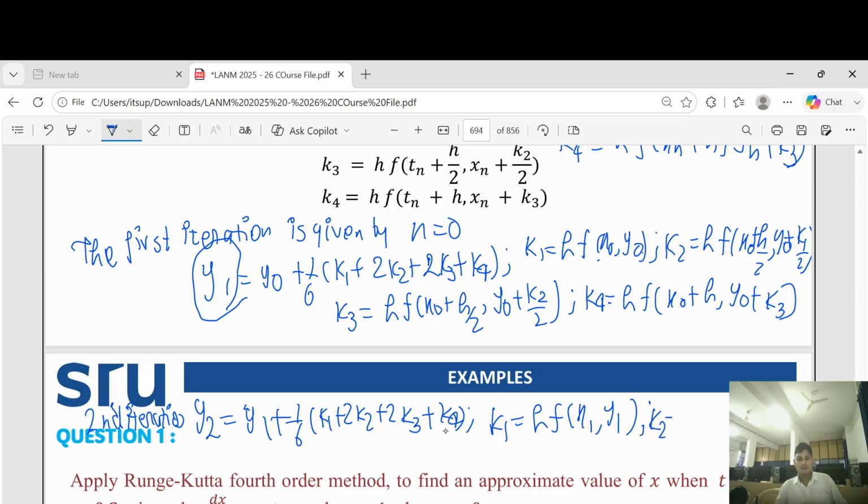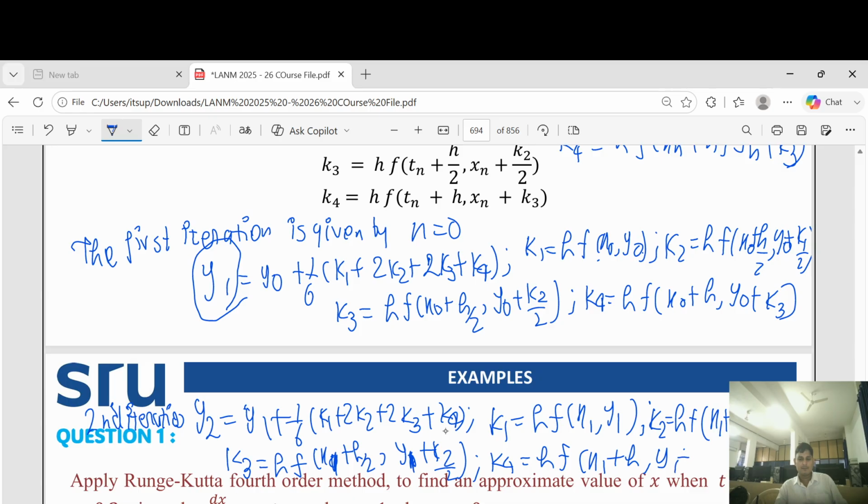K2 is h of f of x1 plus h by 2 comma y1 plus k1 by 2. Next k3 is h of f of x1 plus h by 2 comma y1 plus k2 by 2. Okay, k4 is h of f of x1 plus h comma y1 plus k3. So this is the formula for the second iteration, and similarly you evaluate the third and fourth iteration.